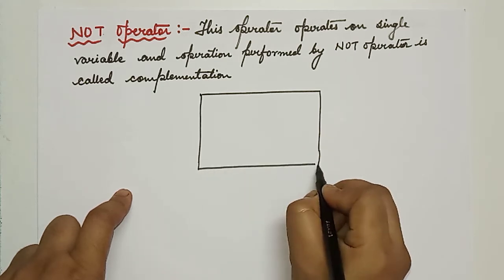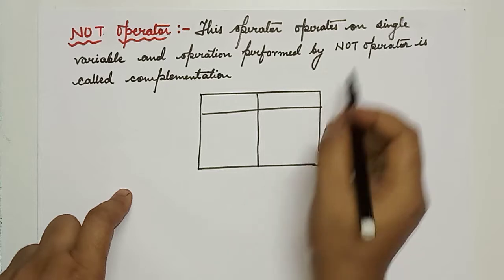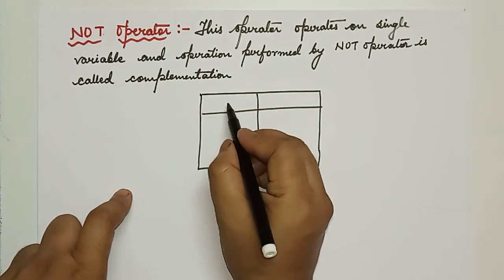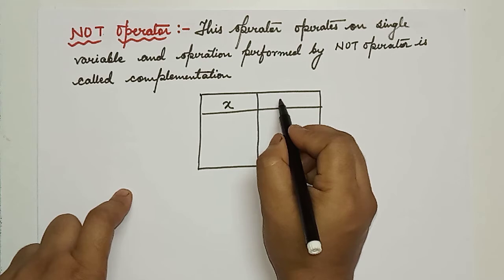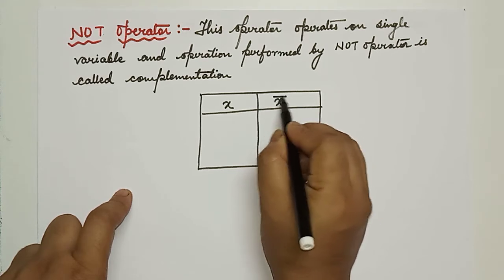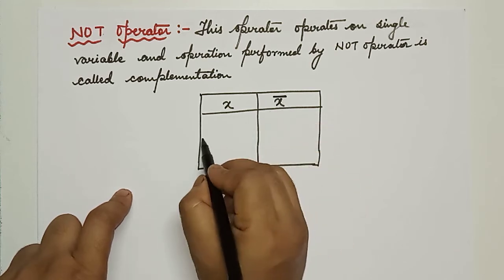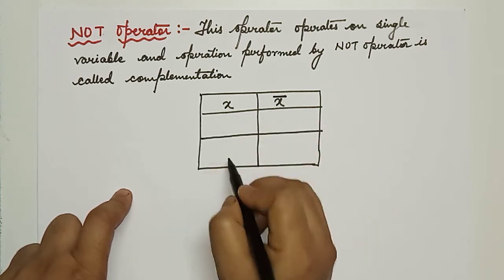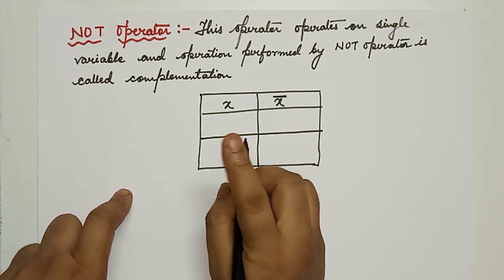As from the definition, we have seen that it operates on single variable. So let's say x is a logical variable, and if we apply the not operator, we will write it as x bar. So not operator is represented using the x bar. Now the x can have only two values because it is a logical variable, either true or false.